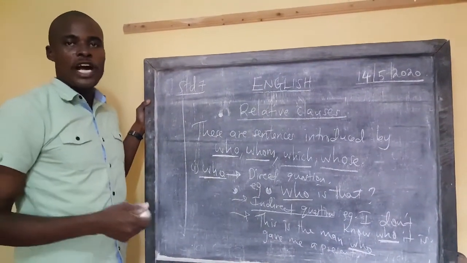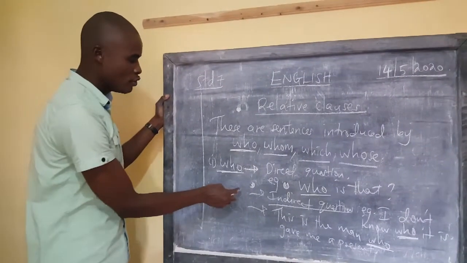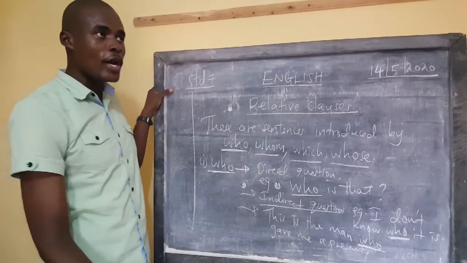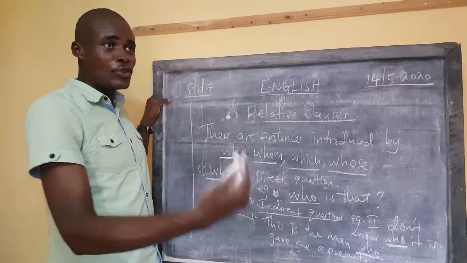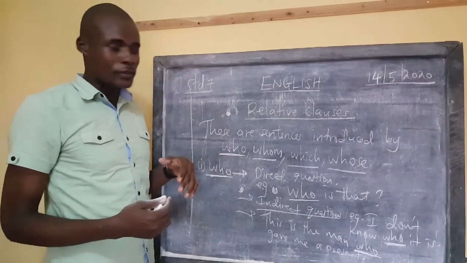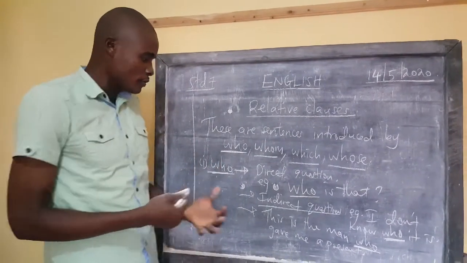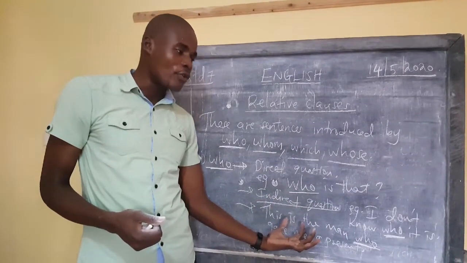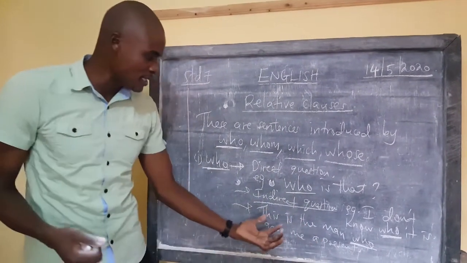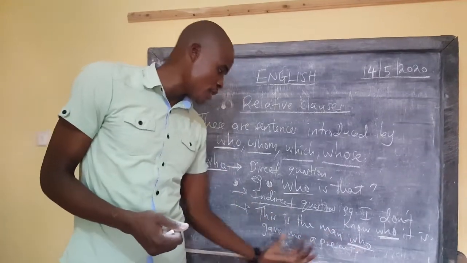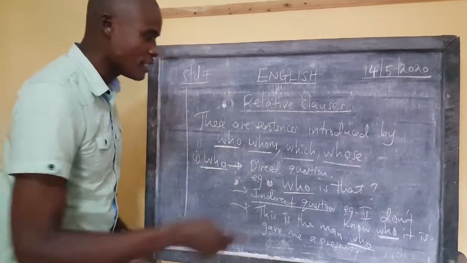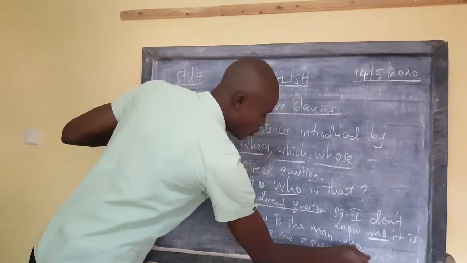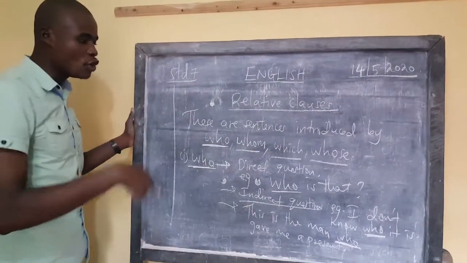So in this manner, we are using who to show the doer, the one who executed the action, our noun or our subject. So this is the man who gave me a present. So we use who to show that person, the doer of the action.